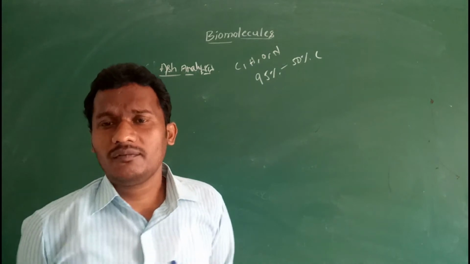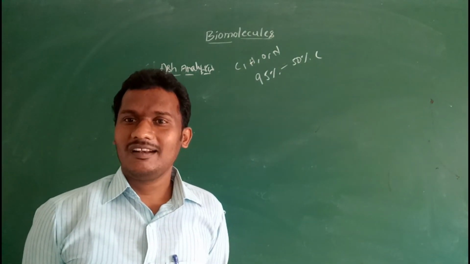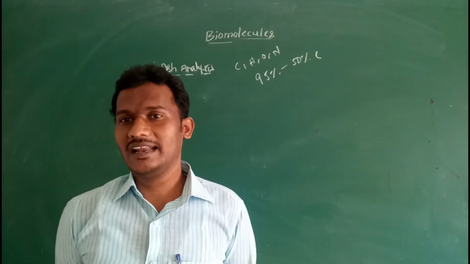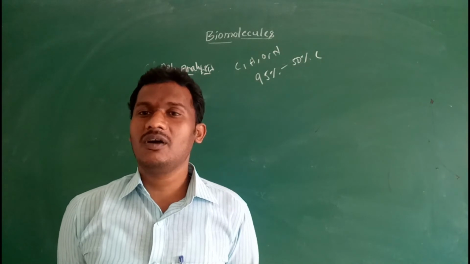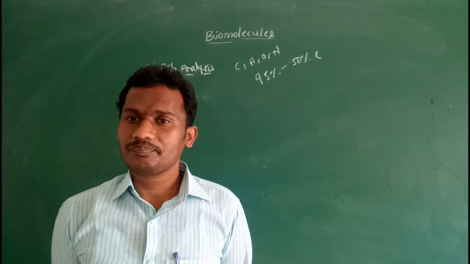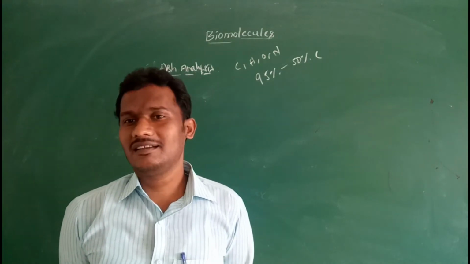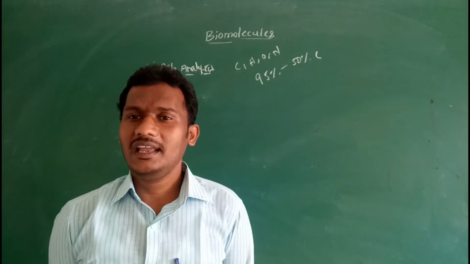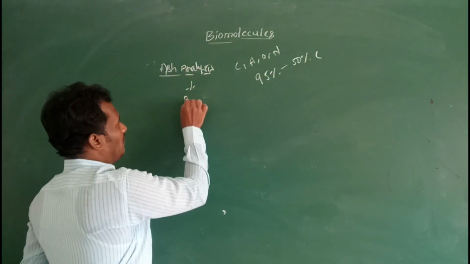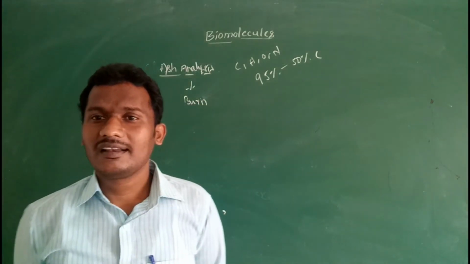To perform the ash analysis, we take the living tissue and dry it entirely. By drying, we get the dry weight, as the moisture and water content evaporates from the fresh living material. Then burn this entire dry material.